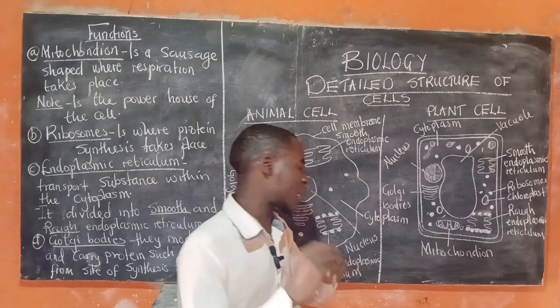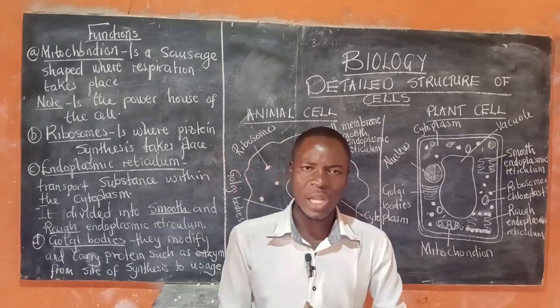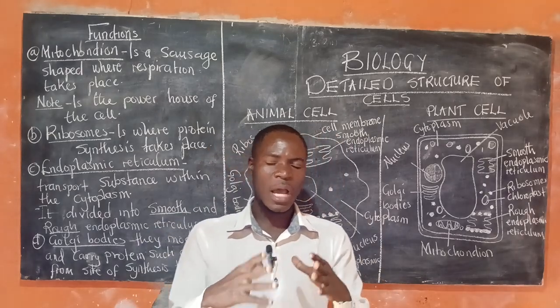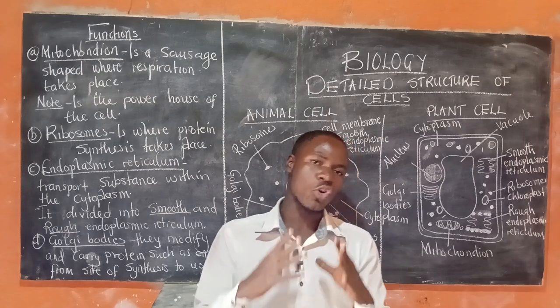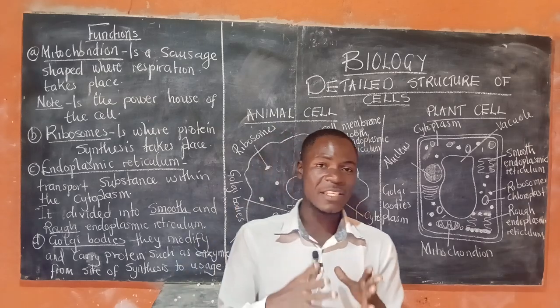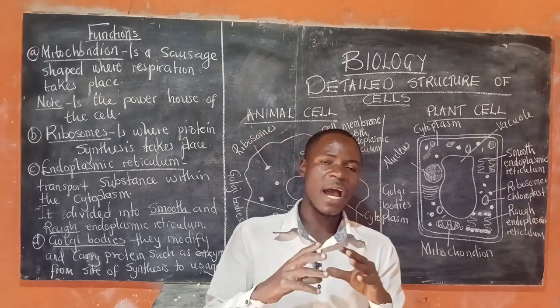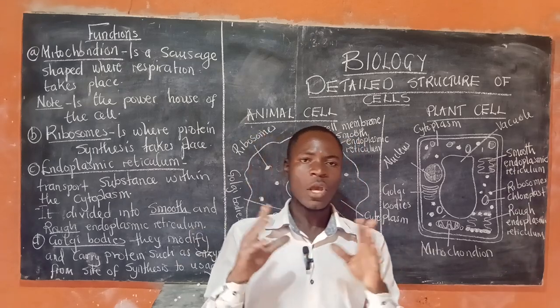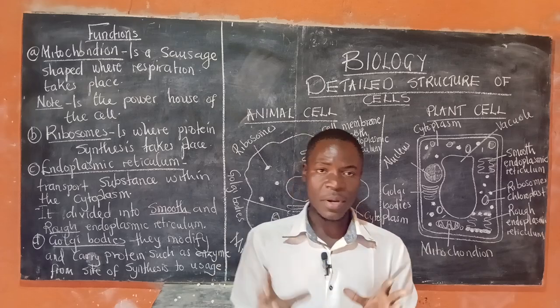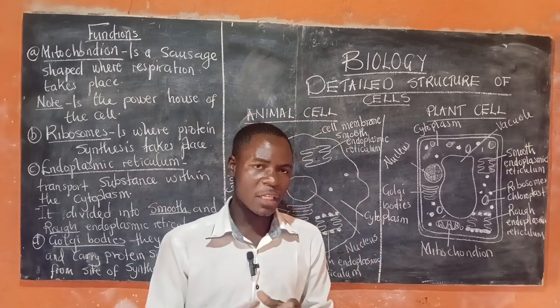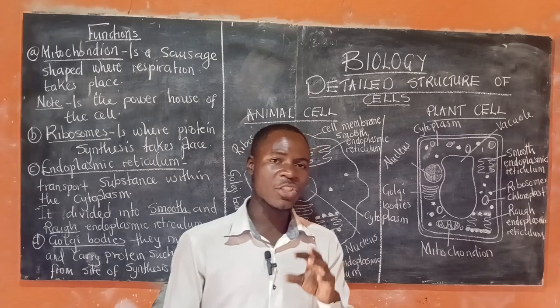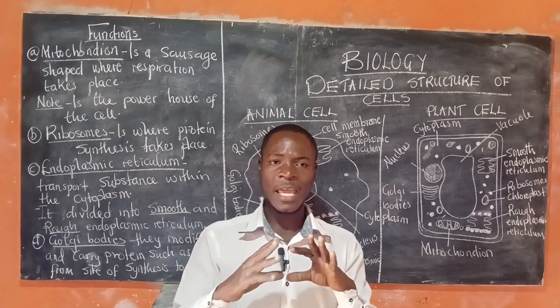Then the rough endoplasmic reticulum are the ones that contain the ribosomes within it. These are the reticulums that occupy the ribosomes. That is the function of the reticulum.